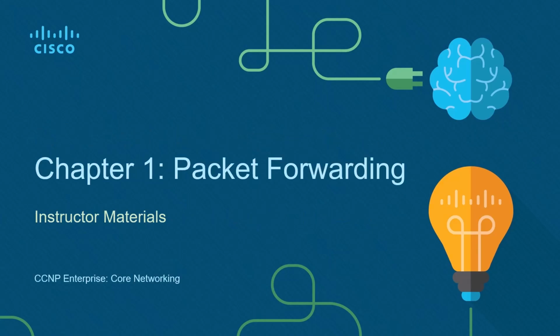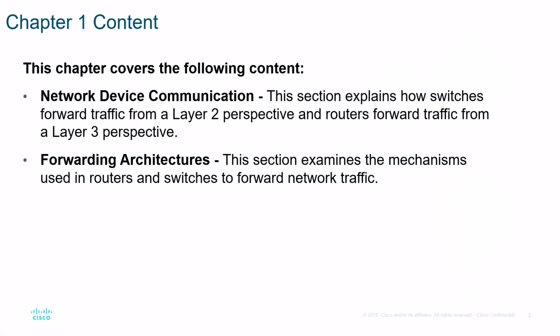Alright, Chapter 1, Packet Forwarding. In this chapter, we are going to be looking at network devices communication and the forwarding architecture. These two main sections focus on the Layer 2 perspective and how routers forward traffic from the Layer 3 perspective.